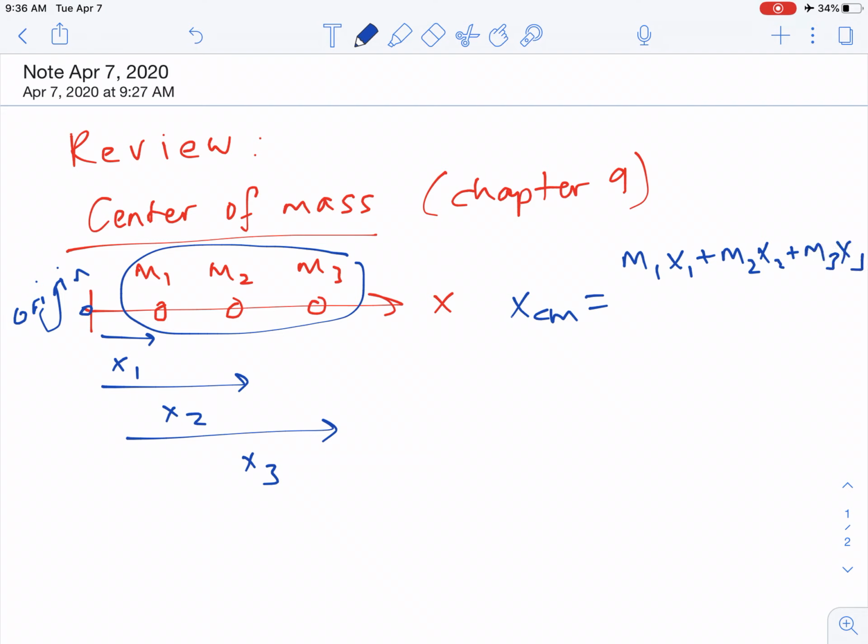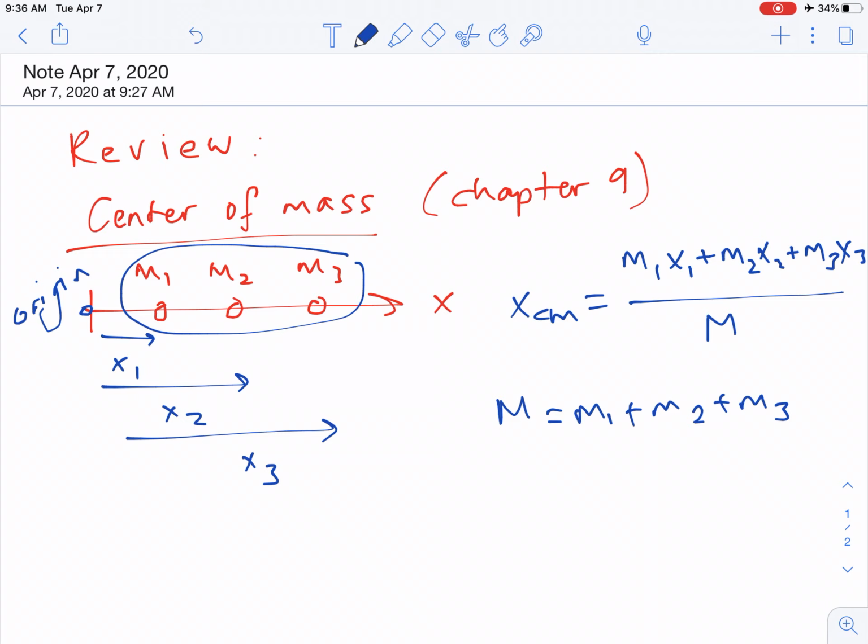And then we divide by the total mass. Total mass is capital M. What is that? m1 plus m2 plus m3, right? So in this chapter, if you see capital M in the workbook, that means it's the total mass. Individual masses are labeled with small case.